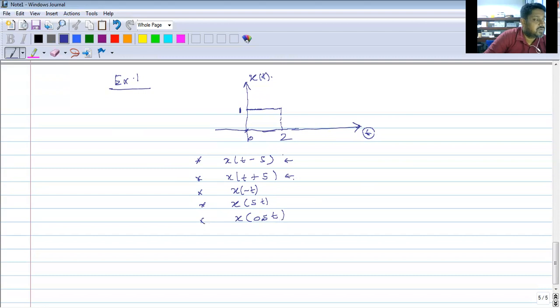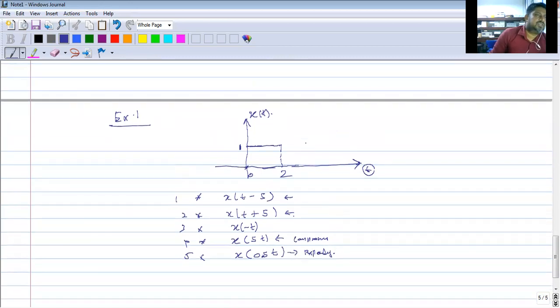So we have to find five signals: the time advanced signal, the time delayed signal, the time reversed signal, and the time scaling signals. One corresponds to compressing, so the signal will be compressed, and we are also going to look at an expanding signal, where the signal will be expanded. We will check it in our example.